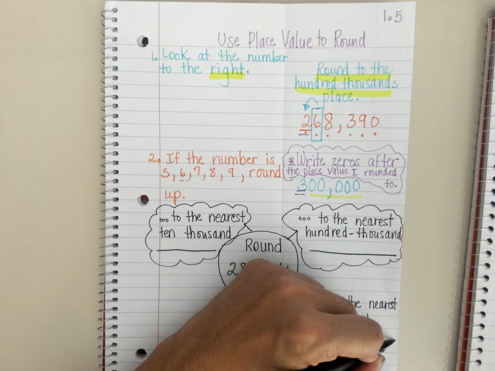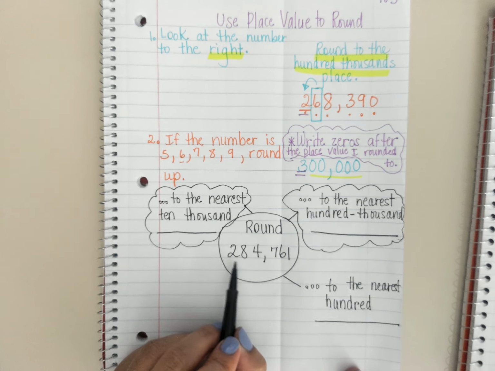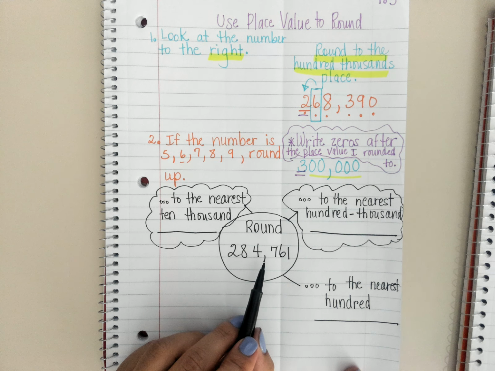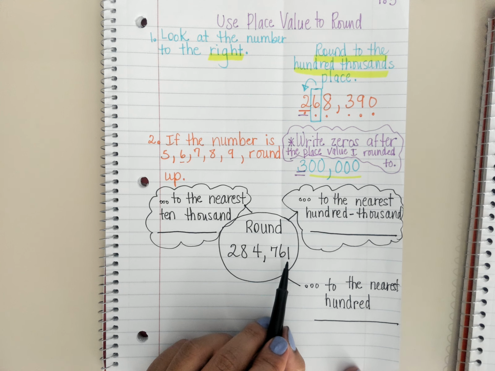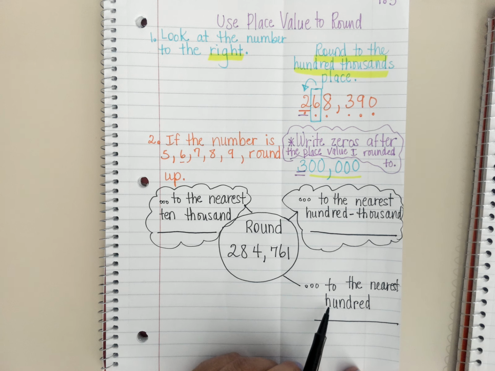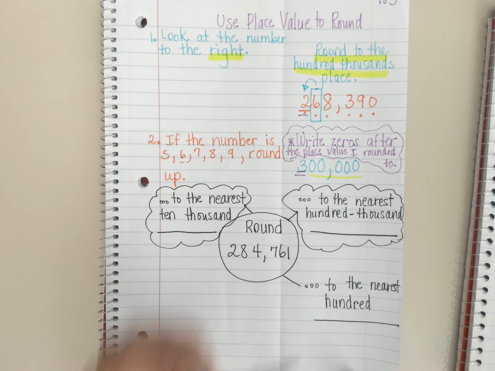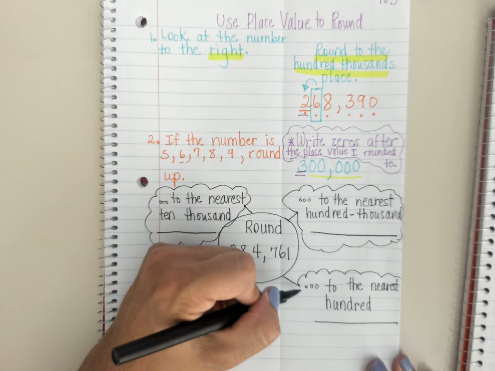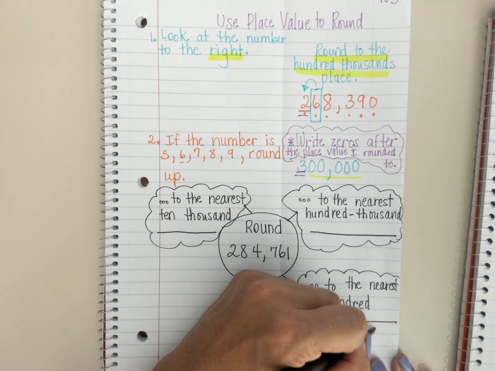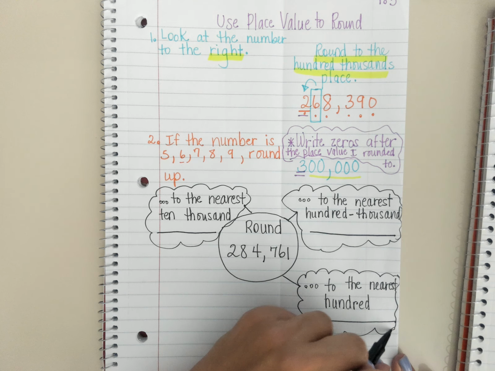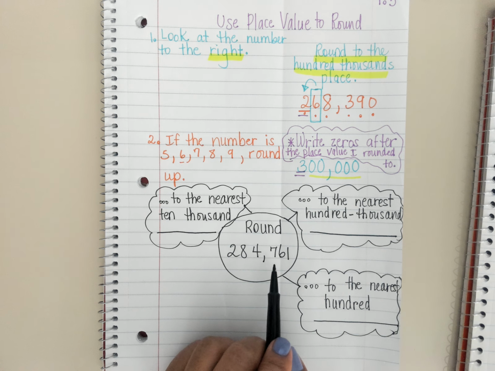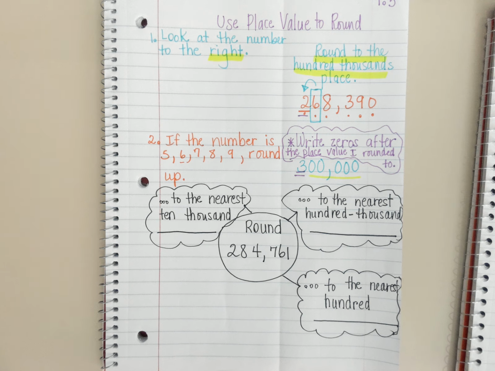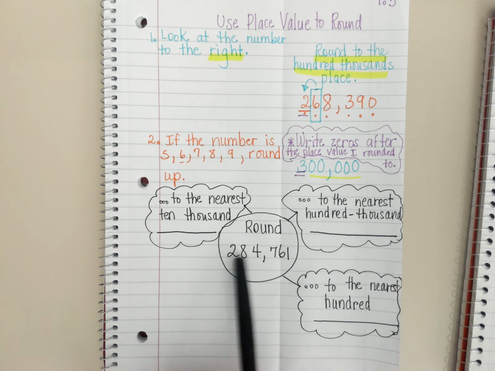And now you're going to practice rounding 284,761 to the nearest 100. You definitely want to rewrite the number and underline the hundreds place and look to the right. If you're using a whiteboard and marker, you don't have to erase it.